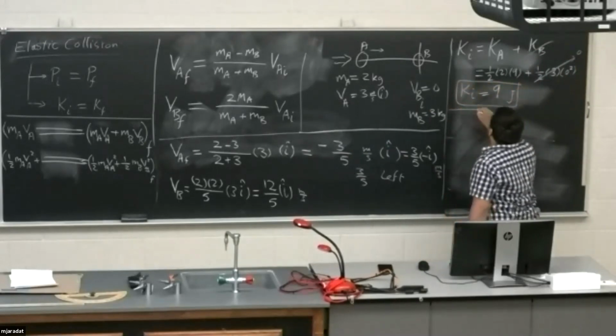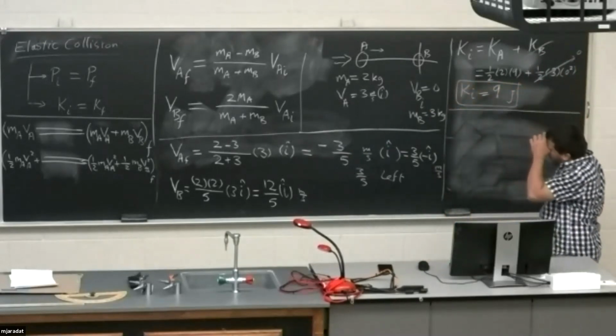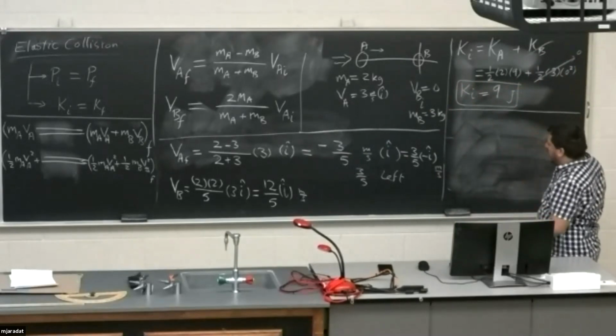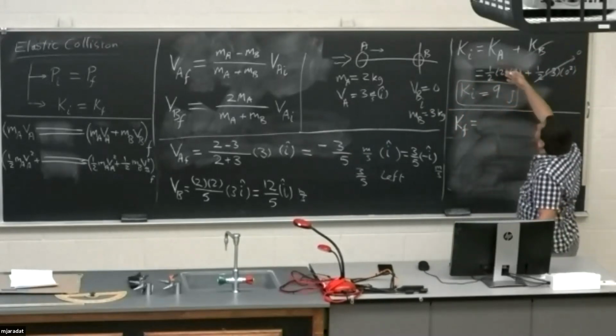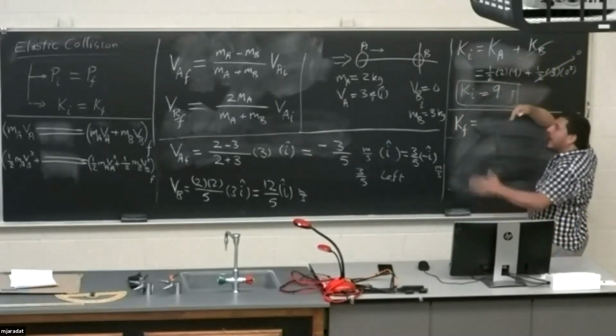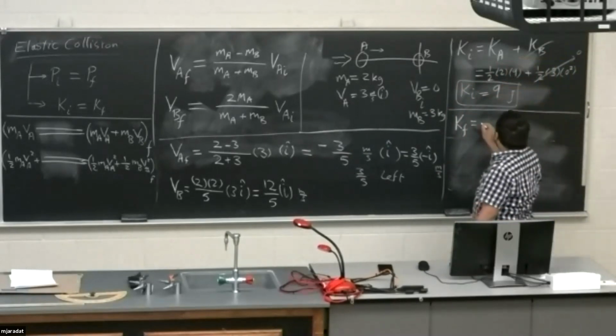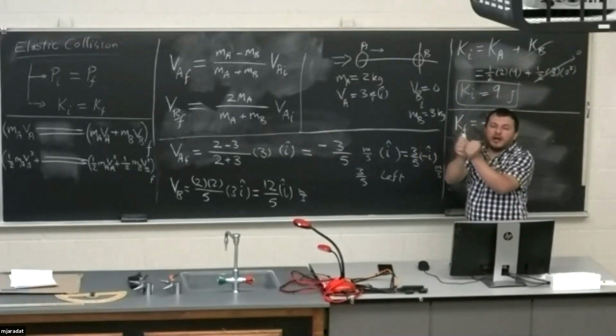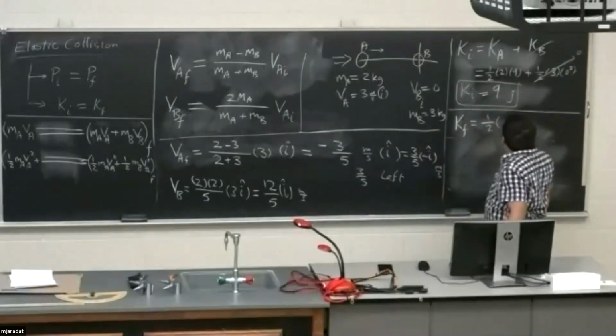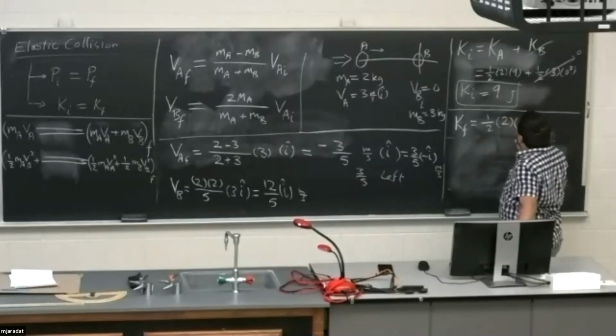It is not a vector, there is no vector sign. Okay, what about the kinetic energy finally? It is equal to the kinetic energy of A plus the kinetic energy of B after the collision, which is 1/2. The mass of A is the same, there are no sticky objects here. The mass of A is 2.